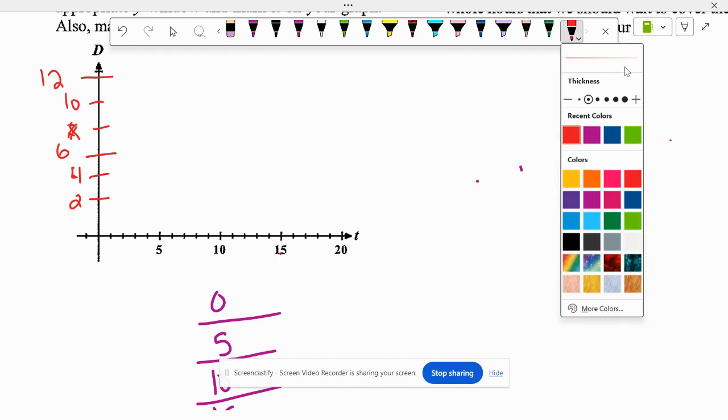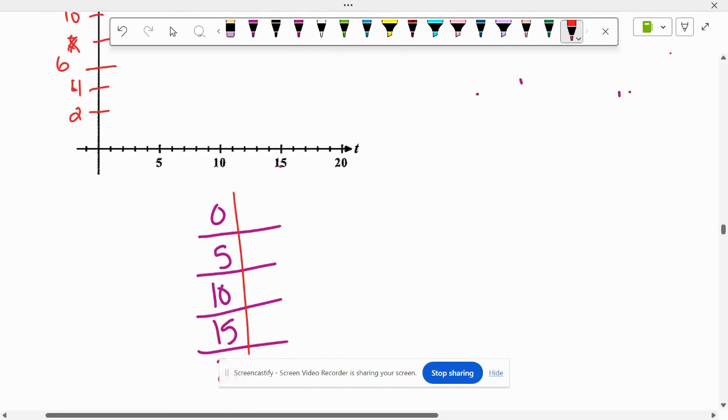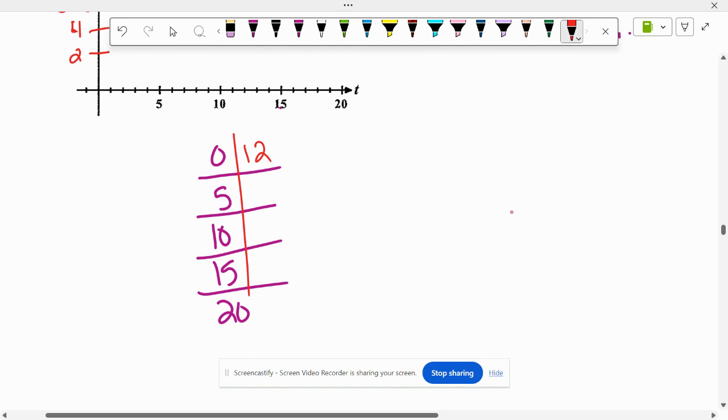Okay, God bless you. So when X is 0, how much water do we have? Yeah, we have 12. That's where we're first starting. When X is 5, how much water do we have? Say it loud. I can't hear you. 3.9. Did it drain to 3.9 that fast?